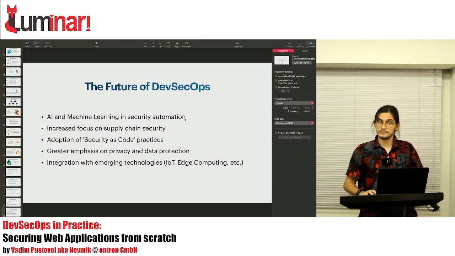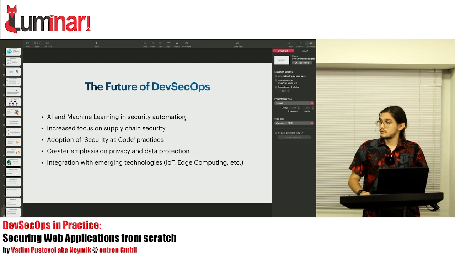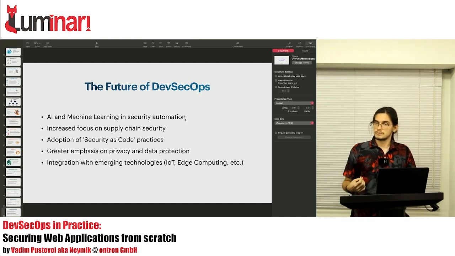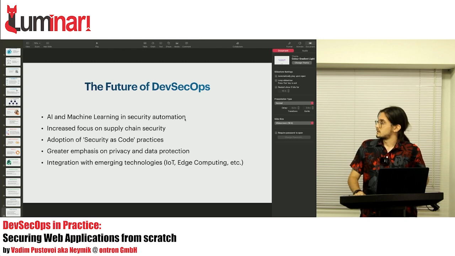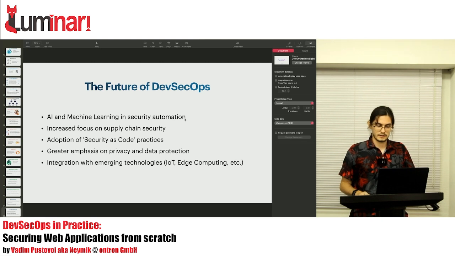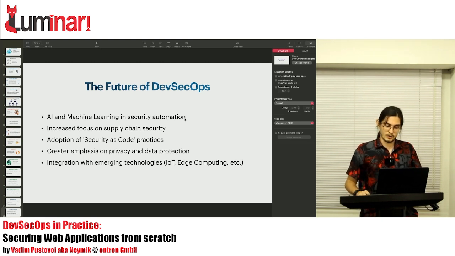The future of DevSecOps. I think there will be a lot of AI here because AI is developing so fast right now. Maybe a lot of these points will be automated, even using decent AI models.